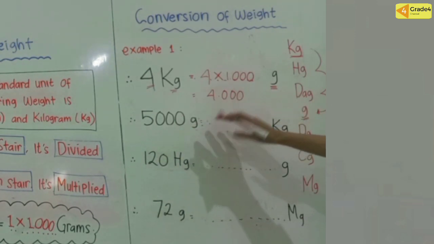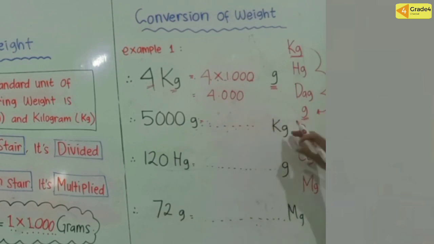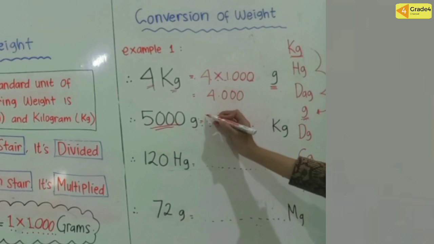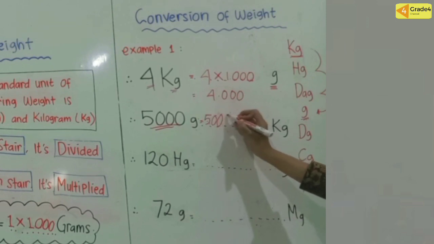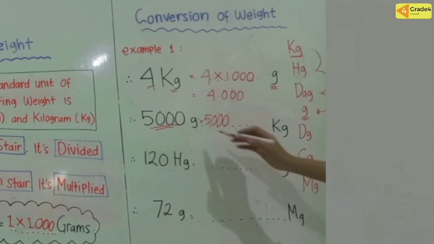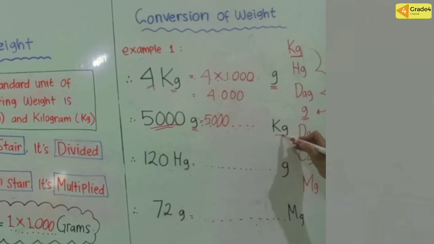And then the second, 5000 grams is equal to how many kilograms? The first step is we write down the value 5000, and then we look at the stairs: grams to kilograms.